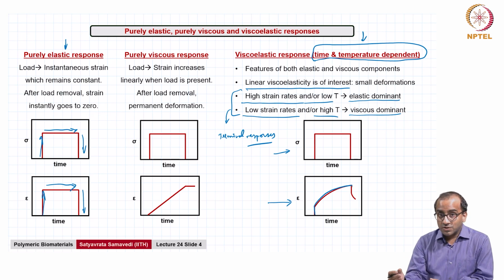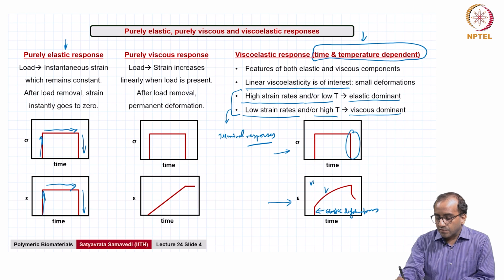The rate of strain keeps changing with time, but in this case, after a certain point in time, we are removing the load, and then what you see is, in the initial stage at least, a quick drop in deformation followed by a gradual drop. So, if you piecemeal analyze this curve, this is what you would call elastic deformation.